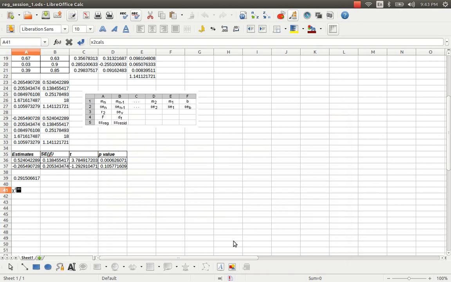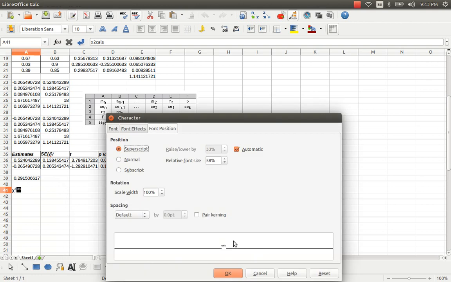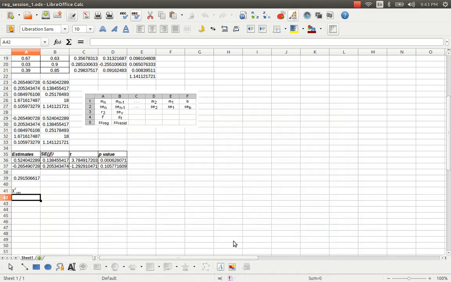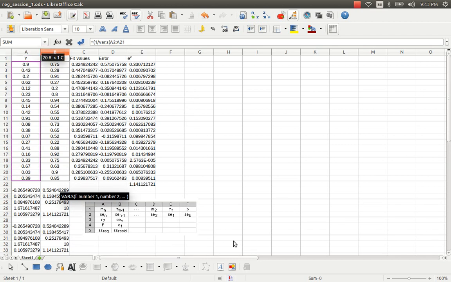So this is chi-square calculated. We are going to calculate a value. This calculated value is equal to 1 by the variance of y multiplied by the sum of e_i square. So this is actually the value that we are searching for.